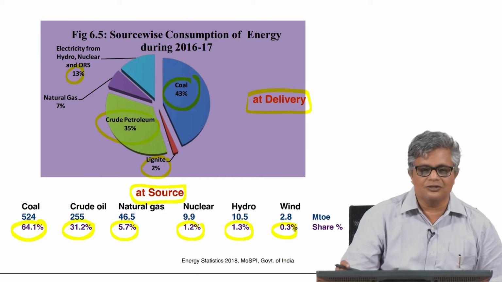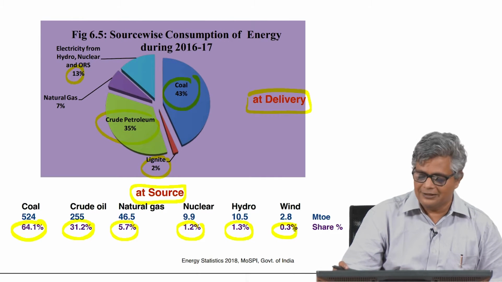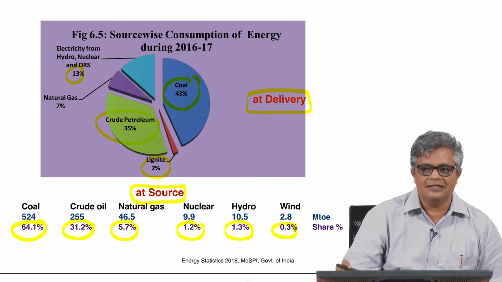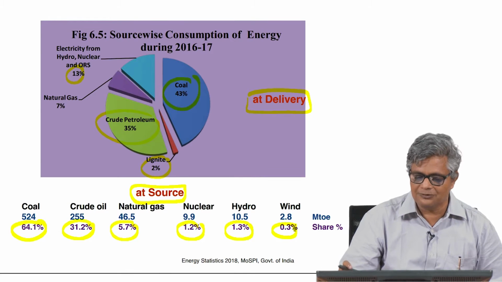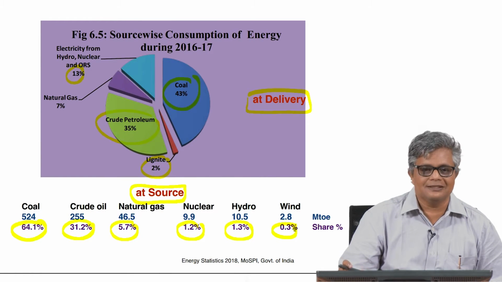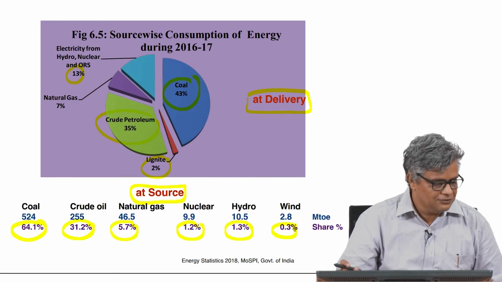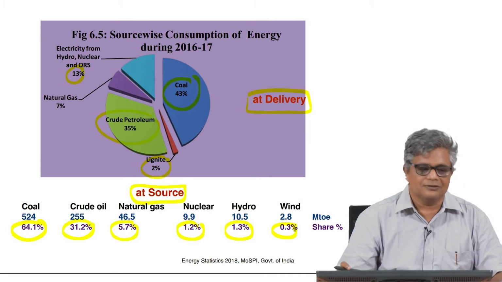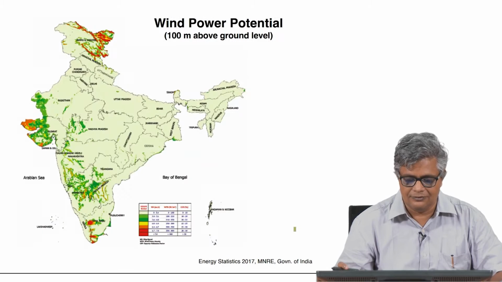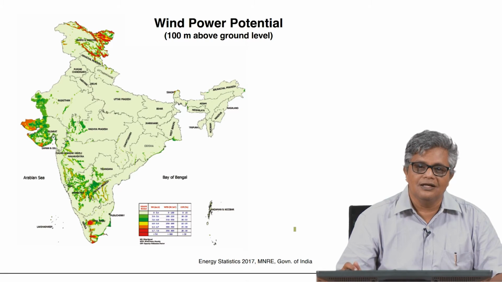So, the amount of energy generated from wind and solar in India was very small in the year 2016-17, and even today it is hardly a few percent. So, this is the situation.